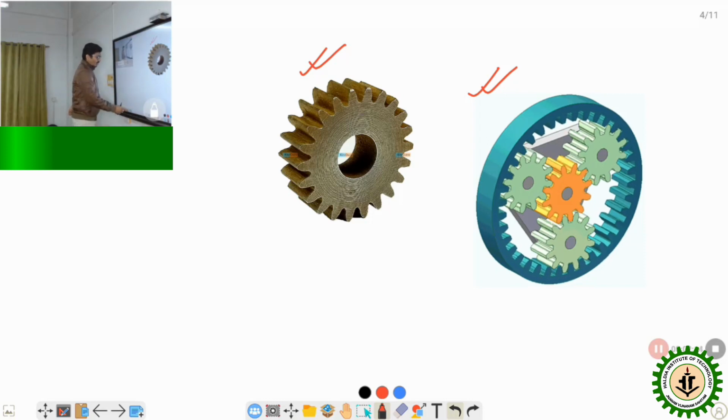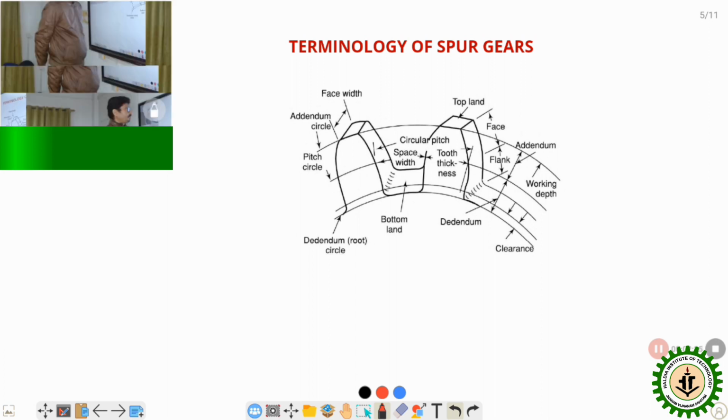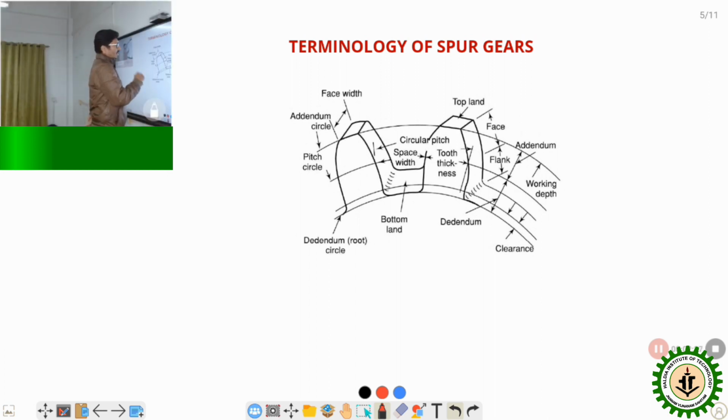That is the transmission of motion, or we can say transmission of torque, by means of this gear mechanism. Before learning the gear mechanism, we need to know the different terminologies of a gear: the addendum, dedendum, backlash, face width.